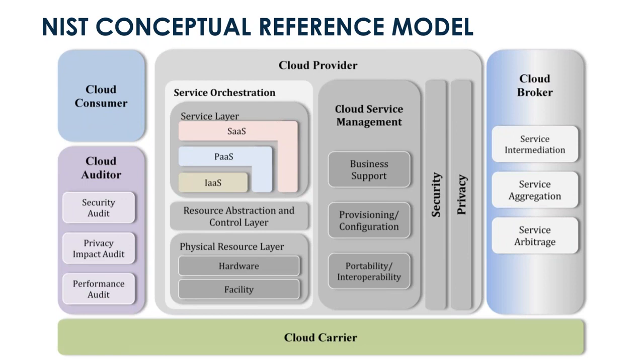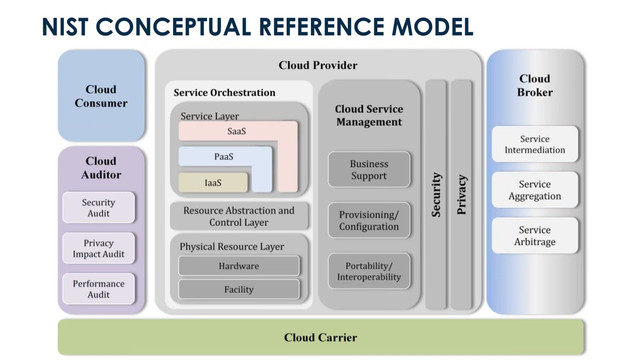And cloud auditor is an independent entity which would be responsible for ensuring compliance in the cloud environment. And cloud carriers are mainly the entities that provide the necessary infrastructure bandwidth for enabling cloud.